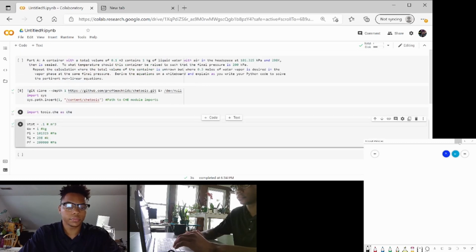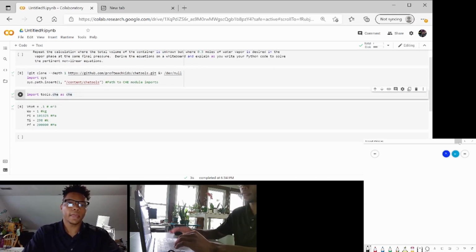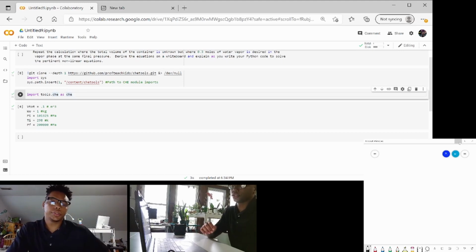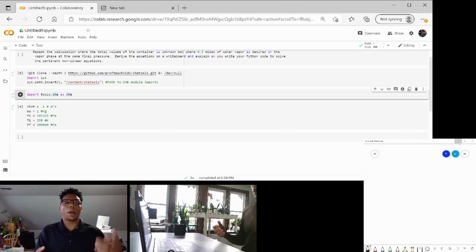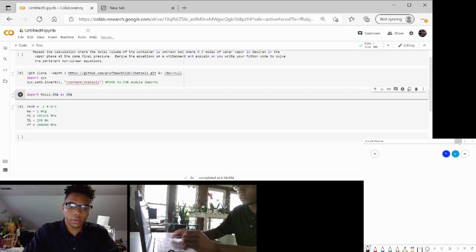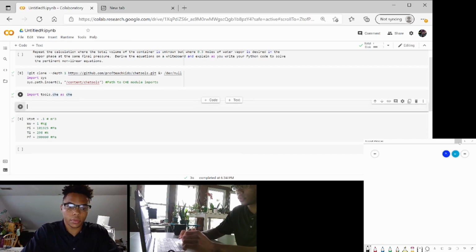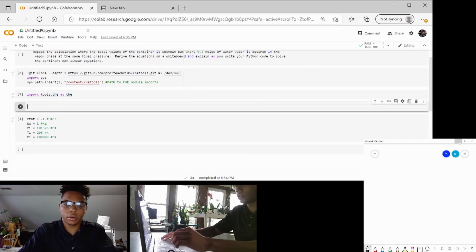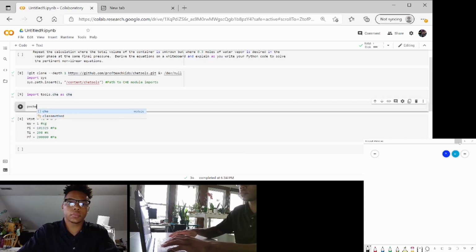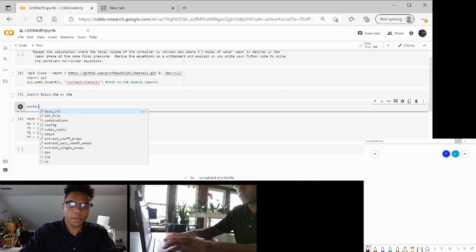All right. So this allows us to find different properties of whatever element or liquid we choose. I'm going to demonstrate that here by finding some properties of water.